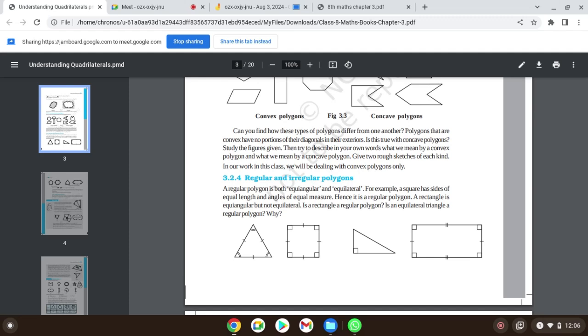So what shapes make a regular polygon, and what shapes make an irregular polygon? The triangle, quadrilateral, pentagon make regular polygons. You told me that a triangle is a regular polygon. Which triangle is a regular polygon?